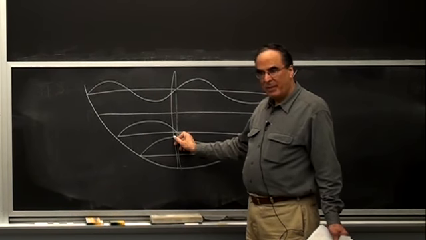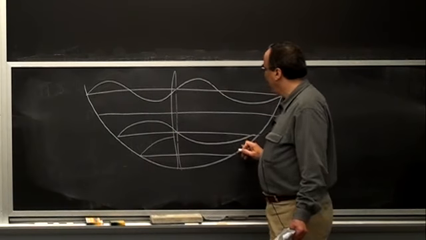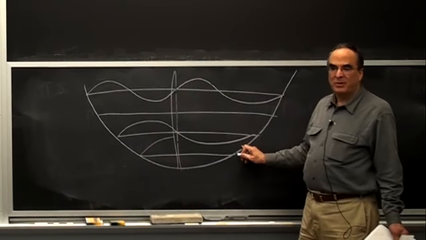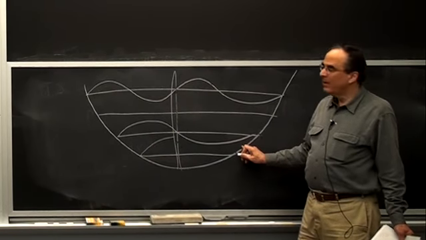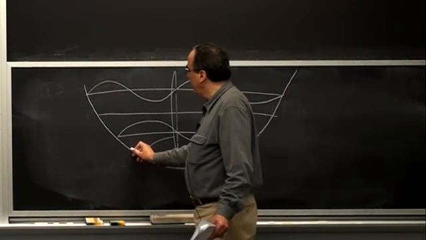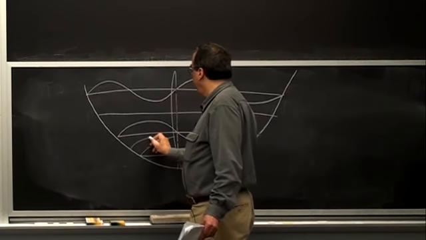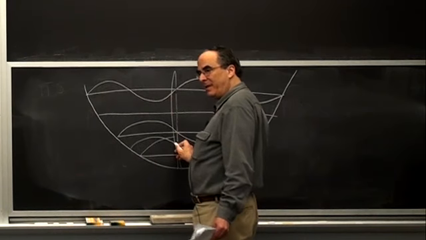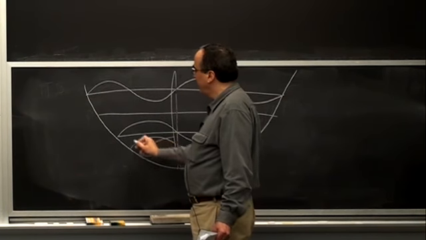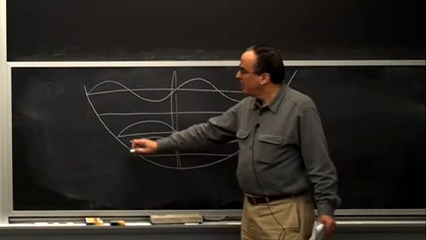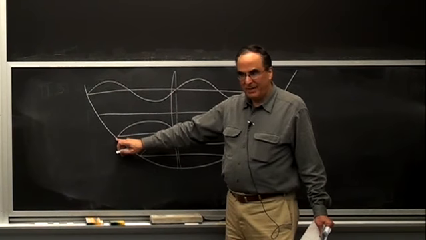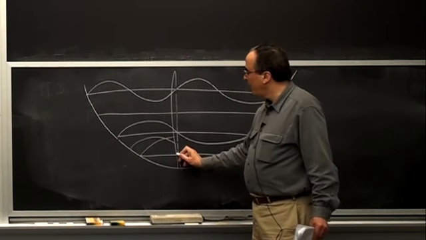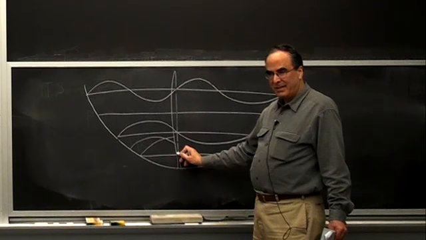It might tunnel through the barrier, but it can't possibly go to 0 at the other turning point. So how do you fix that? Well, if you raise this level, then it can start to be decreasing. And if you raise it more, to this energy, you can get to the point where it's almost going to 0 when it gets to the barrier.